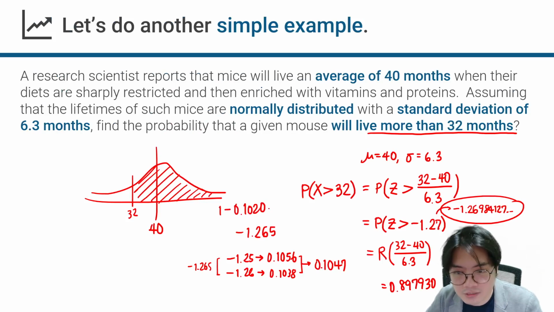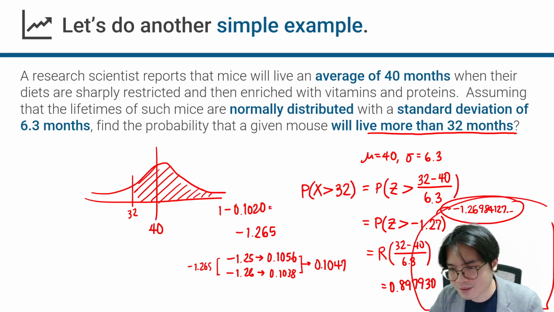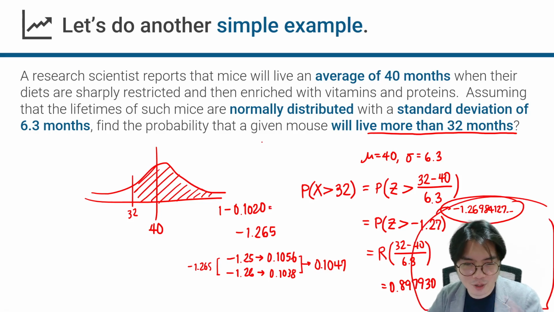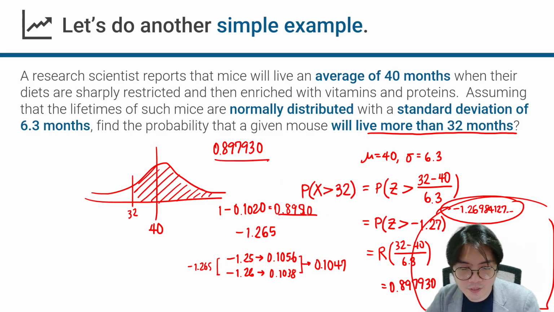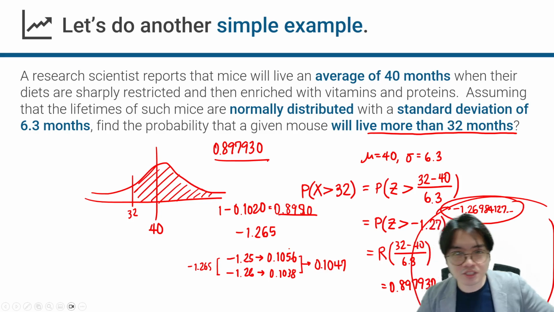So 1 minus that value is going to be 0.897930. This is a value of 0.8980, which is close enough, honestly. So there you go. That's how you do these simple examples.